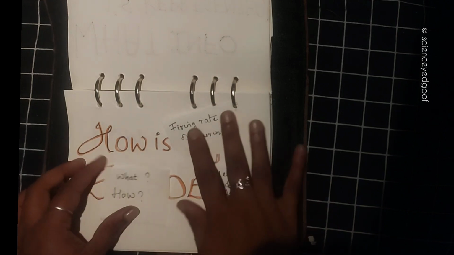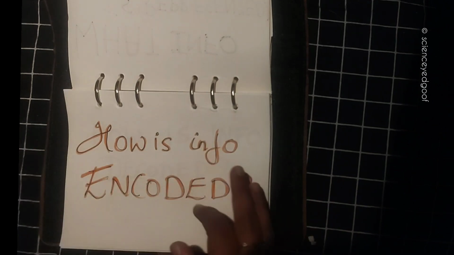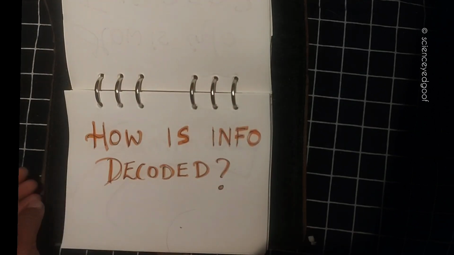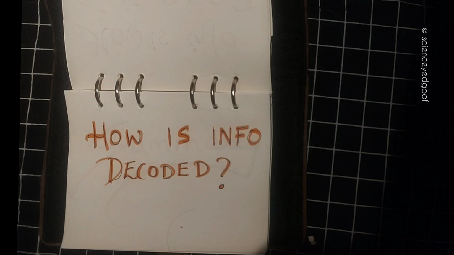So with this, we have completed how the information is encoded. Now we'll go to the next part, that is how information is decoded. Whichever information is encoded into the representation can only be useful if it can be decoded by a downstream receiver.